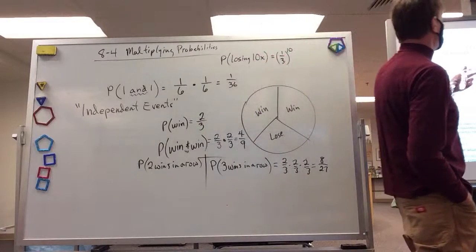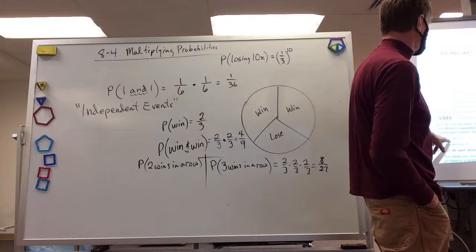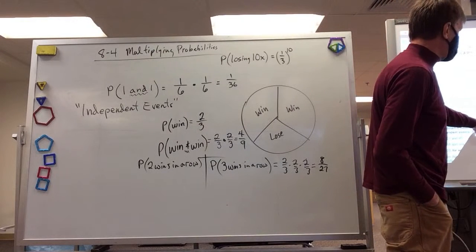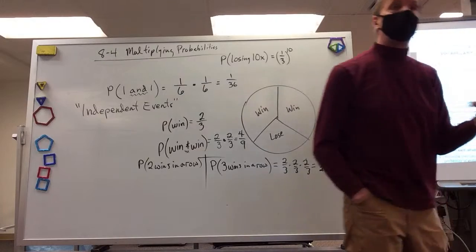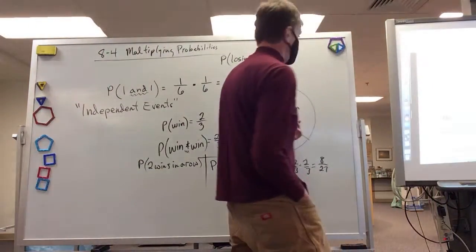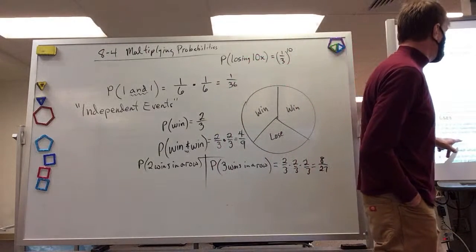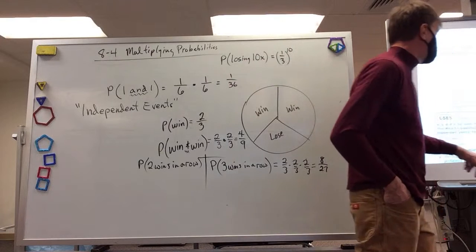Here they say A and B are events. So if I look down at this one right here, A is a probability of winning of 0.2, which is the same as 1/5. And B is a probability of happening of 0.55.